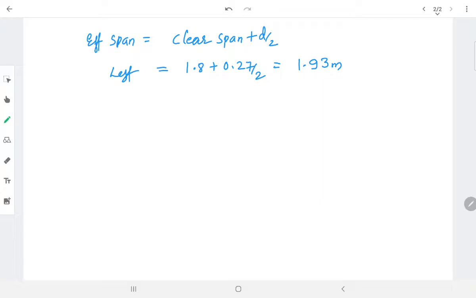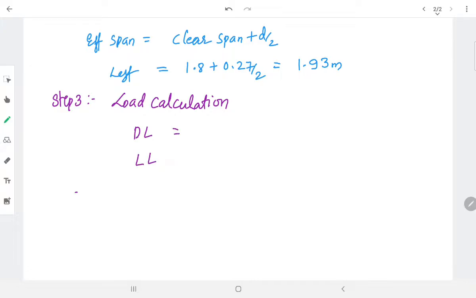Next step is step 3, the load calculation. In this problem we have only two types of loads: one is dead load and another one is live load.